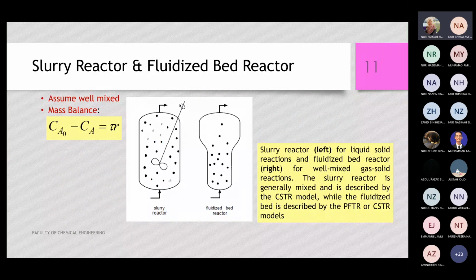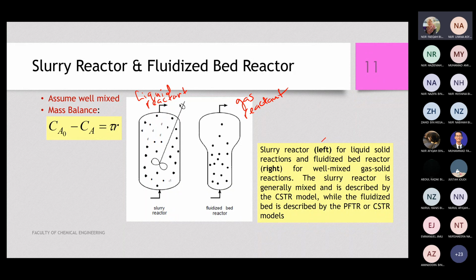So this is how it looks like. Both the slurry reactor and fluidized bed reactor, we assume are well mixed. Slurry reactor for liquid reactant, fluidized bed reactor for gas reactant.